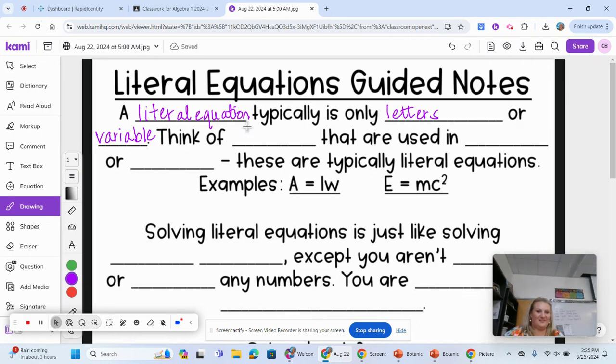So you're going to think of the formulas that are used in math. So we're talking about math and science, because you have to be able to rearrange them for math and science.